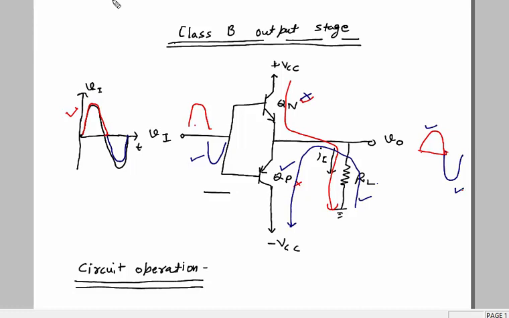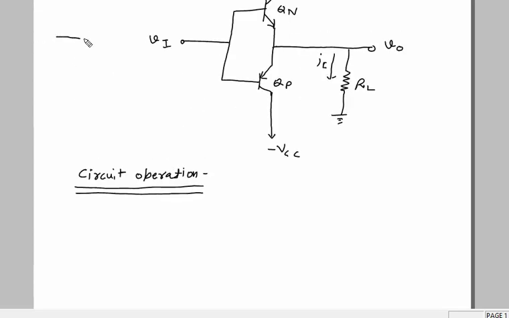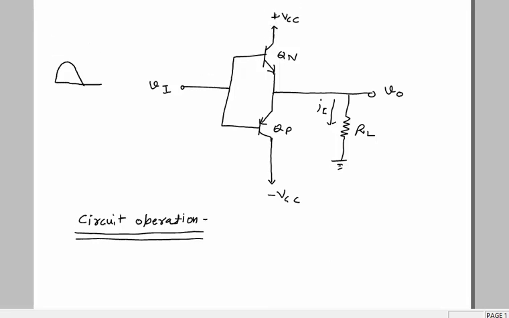Now let us introduce some practical things here. We'll see them one by one. When the input voltage Vi is 0, both transistors are cut off and the output voltage is 0. Now as Vi goes positive, we just saw that QN will be on and QP will be off ideally, but practically not immediately. Vi must go positive and exceed about 0.5 volt.